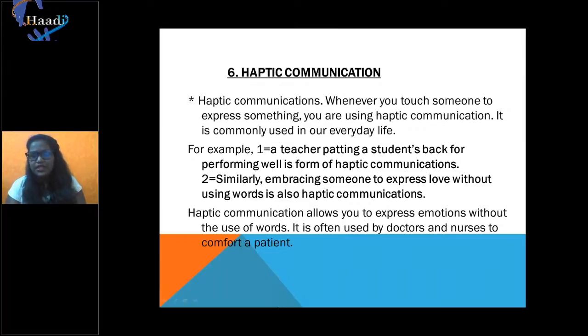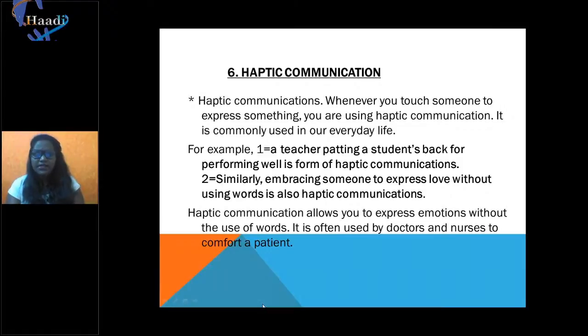Haptic communication is nothing but, without expressing by words, you just show it. You just pat someone's back, or you just shake hands, or you just express your love, or you just give a smile, etc. These are haptic communication.